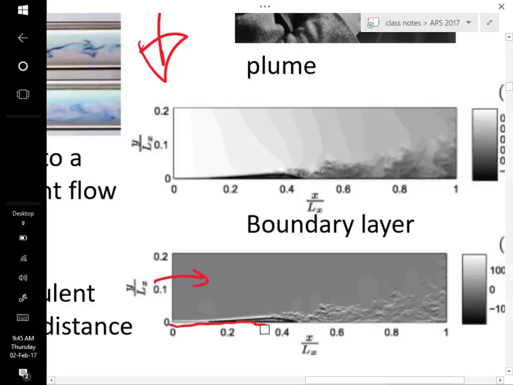And what you can see in this case is that right in here we have this laminar boundary layer developing, and then with increasing distance you can see that the flow starts to, right in here I guess, the flow starts to break up, and you get these turbulent eddies that form, and it grows, and you get larger and larger eddies, and this boundary layer grows like that out away from the wall.